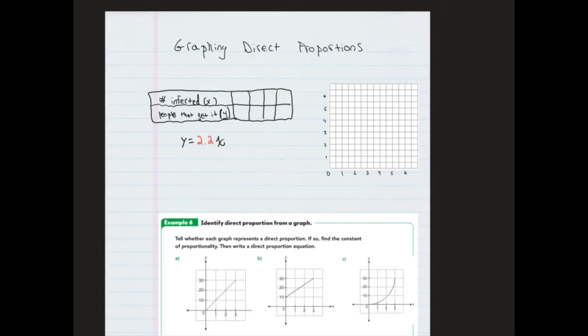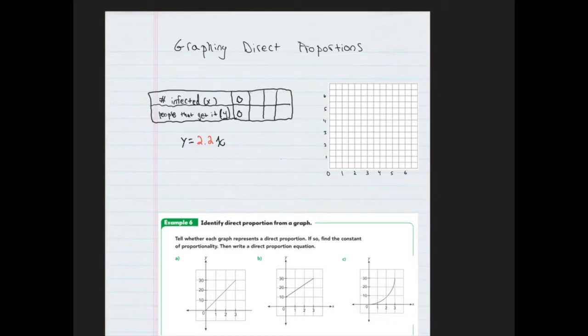So in order for this to be a direct proportion, and our data says that it is, the first value is going to be 0, 0. That makes sense in this context because if you have 0 people that are infected, you would expect 0 people to then get the infection. That would be the expected outcome. And then we can keep going.